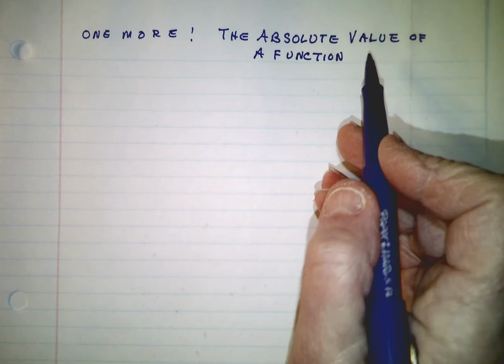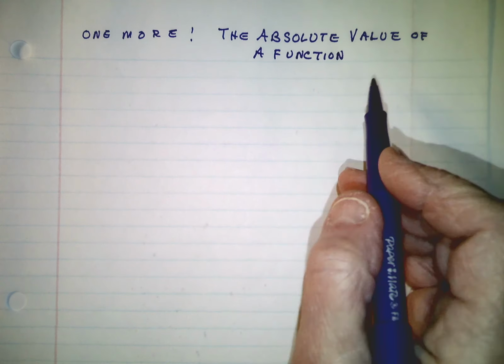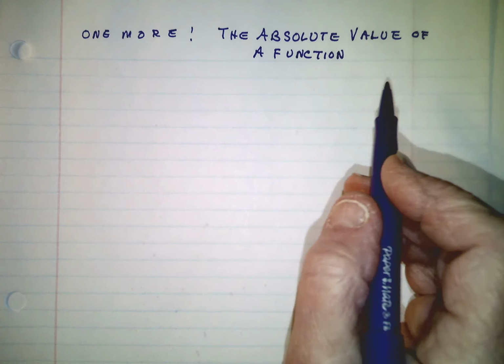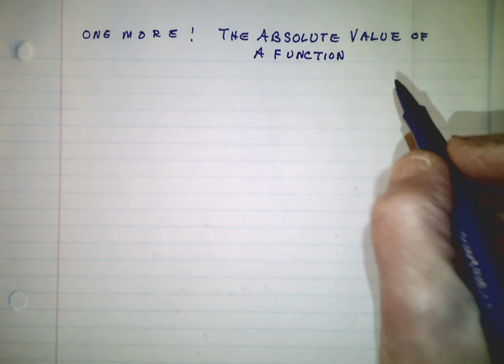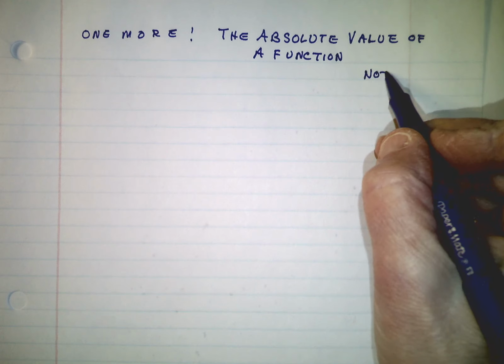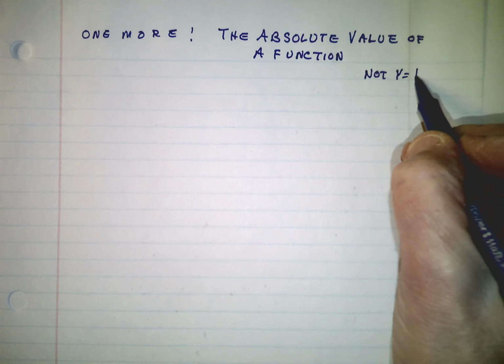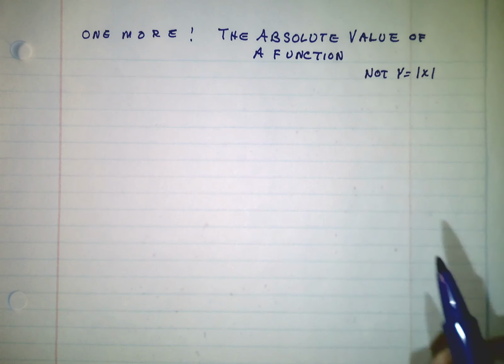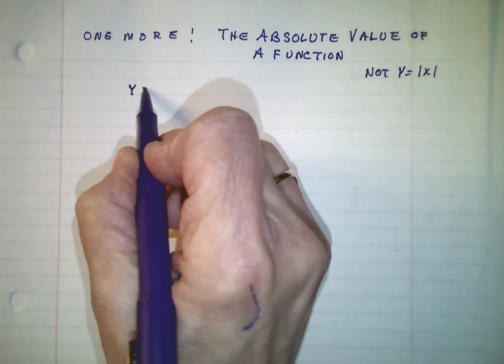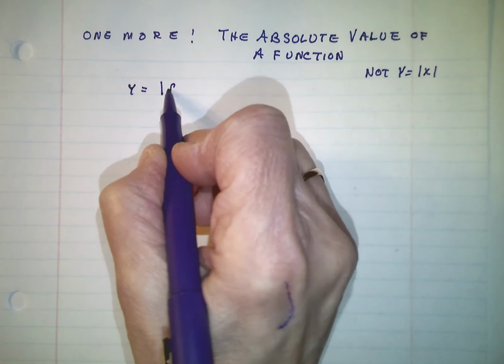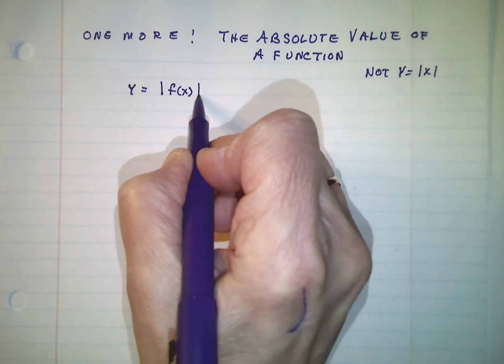The absolute value of a function. This is my favorite because it's literally so positive. It's not the absolute value function. It's not y equals the absolute value of x. It's y equals the absolute value of a function of x.